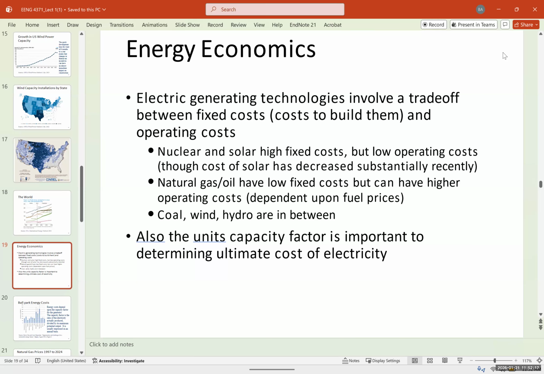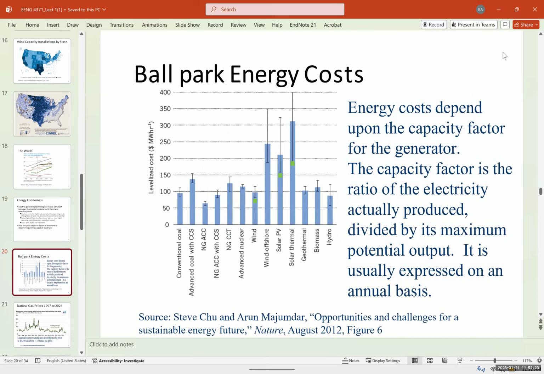Also, the unit's capacity factor is important in determining the ultimate cost of electricity. This is an example. This is an old figure from 2012, and I will show you the newer figure from 2025. And you can see this is a comparison between conventional coal, advanced coal, natural gas, nuclear, wind, and solar.